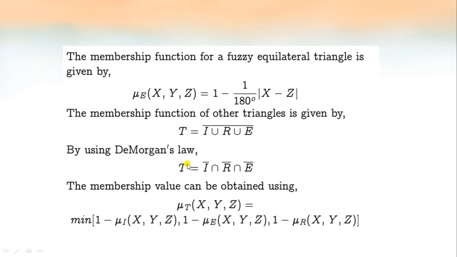So we can apply De Morgan's law: it will be the intersection of the individual complements, I complement intersection R complement intersection E complement. The membership value can be obtained for mu T of x, y, z by this particular equation.